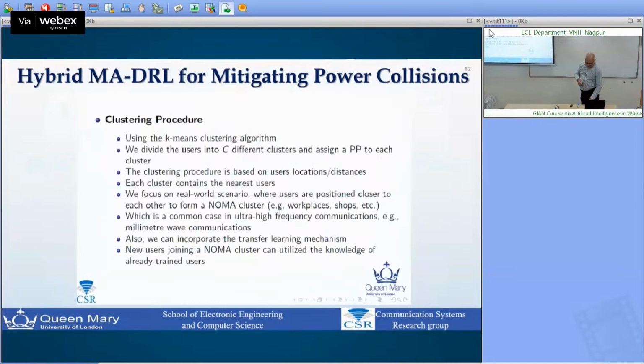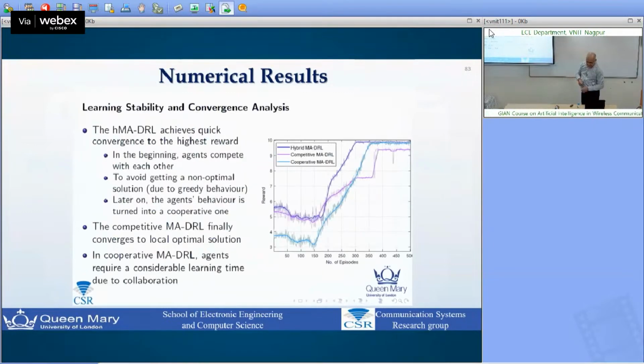So now we are going to see learning stability and convergence. We will see how, with the number of episodes, the reward varies for all three schemes. If you see the blue one, the hybrid one, it converges quickly.